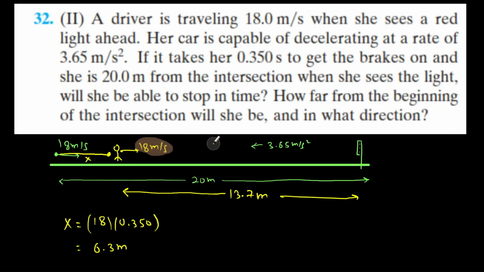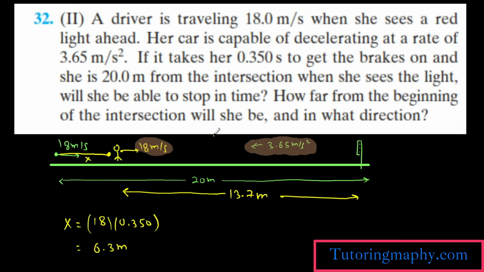We know that she has to stop, so the final velocity is zero. Keeping these in mind, we have to find how much distance she is going to cover, because if she covers more distance than 13.7, she has definitely overshot the red light.